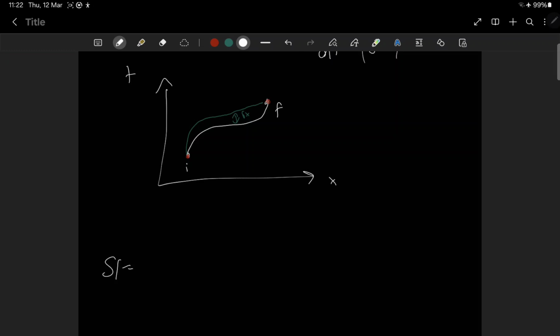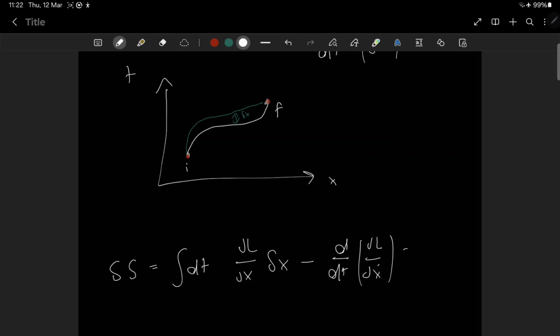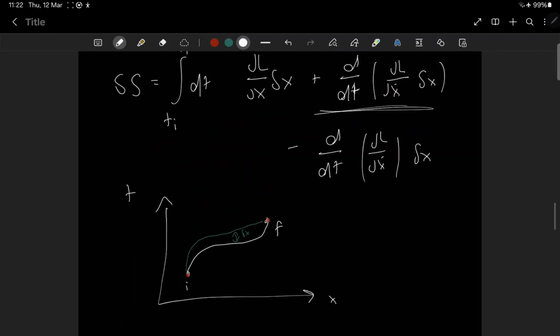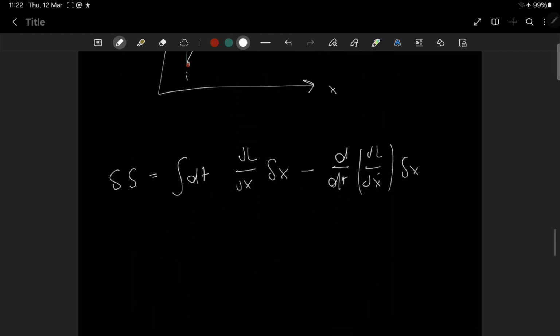So delta S is the integral dt of partial L by partial x delta x, minus d by dt of partial L by partial x dot delta x. And now if we integrate this term over here, we have the integral of partial L by partial x dot delta x, between ti and tf.